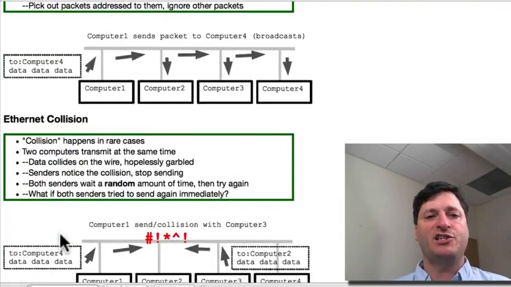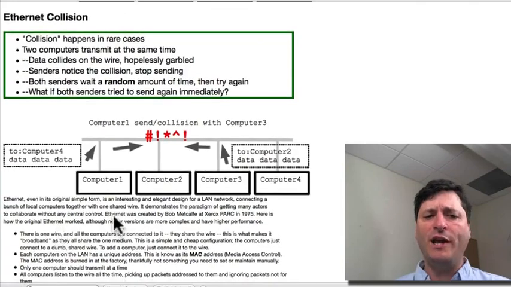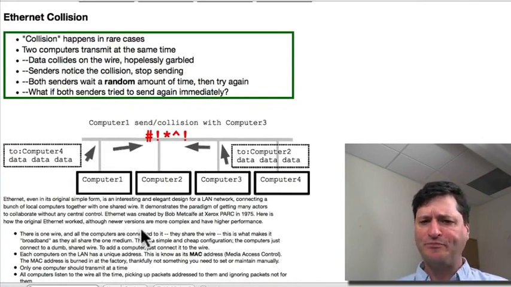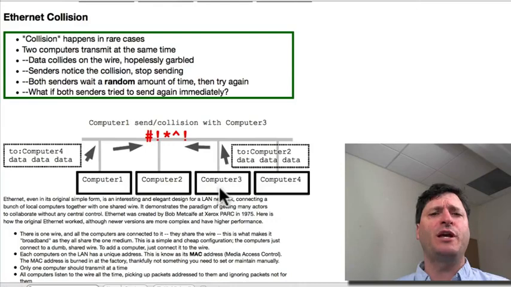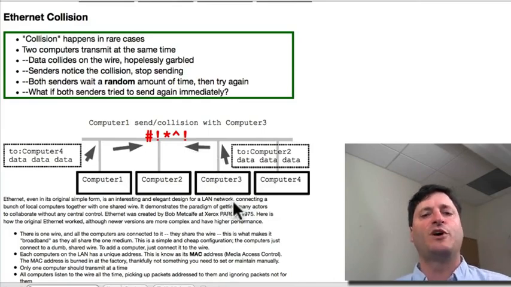So the interesting case for sharing with Ethernet is, what if computer 1, as I described before, is going to send a packet to computer 4, but it happens that computer 3 also had a packet to send. And if you're just unlucky, it's possible that both computer 1 and computer 3 will hear the same period of silence.